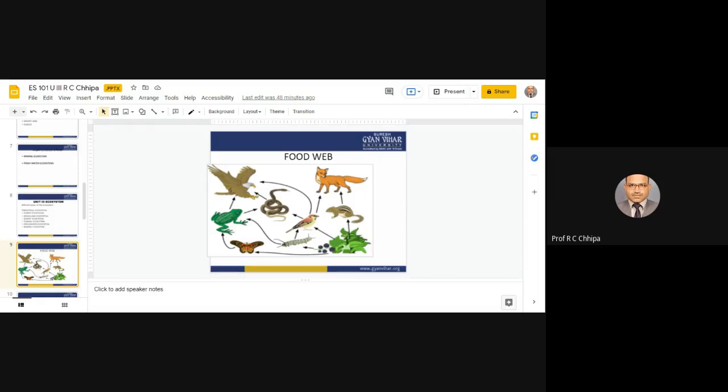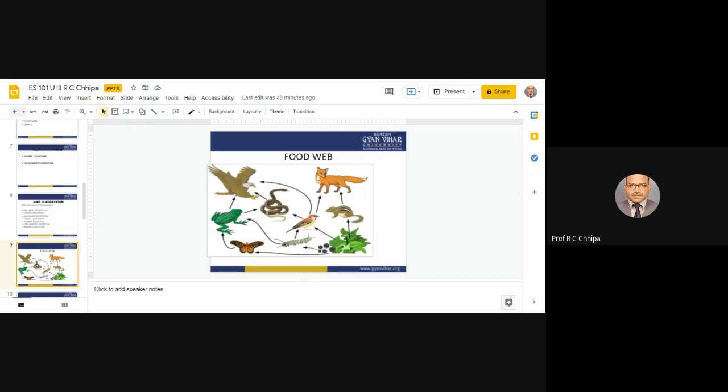Then the snake eats the birds, and the eagle is the last stage, the quaternary stage. So the eagle takes the snakes.